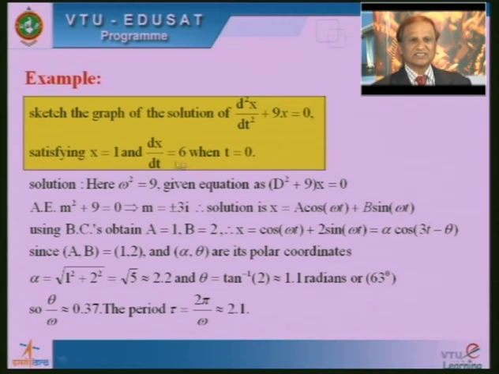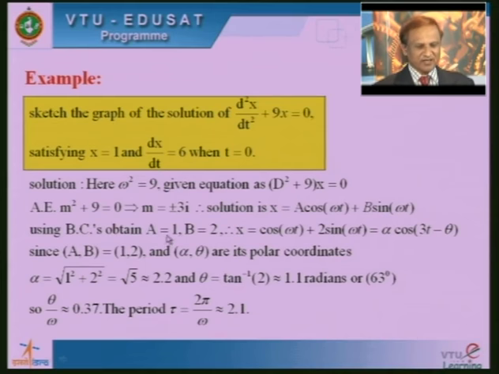And here they have given the initial conditions. Now I want to use the initial conditions. What is the first condition? When x is equal to 1, when t is equal to 0. Using that condition, I can find out the value of a, exactly the similar way as we calculated in the previous examples.